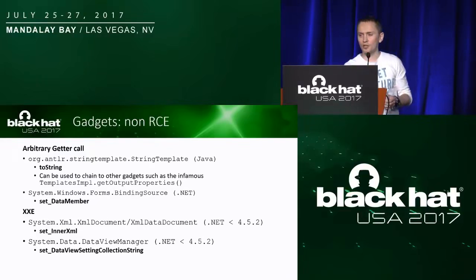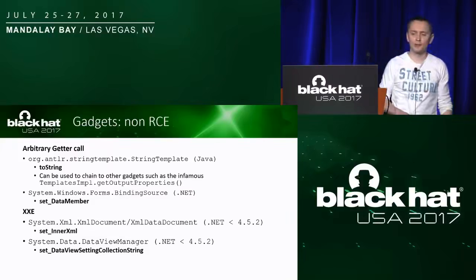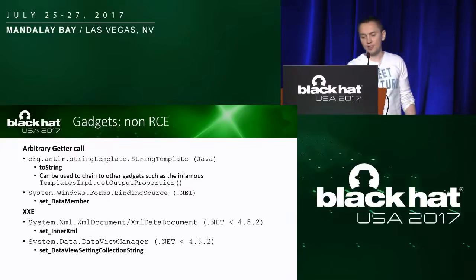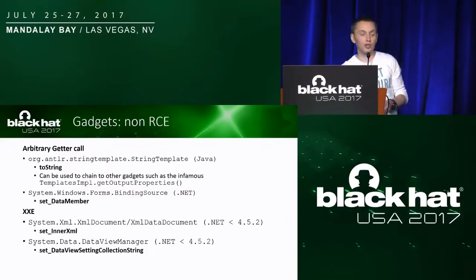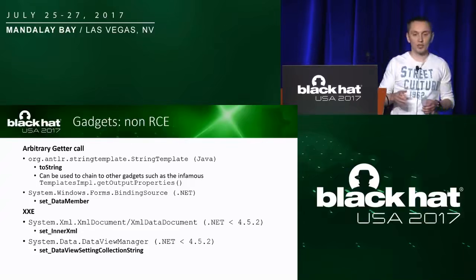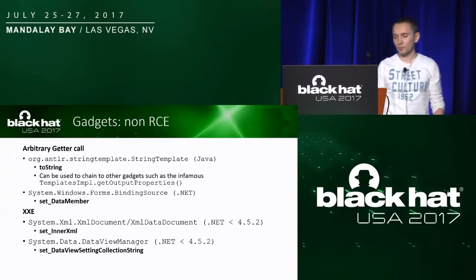Others can trigger non-remote-code-execution attacks, like InnerXml in the XmlDataDocument type, or DataViewSettingCollectionString in the DataViewManager type, which can be used for an external XML entities attack in some versions of the .NET framework.